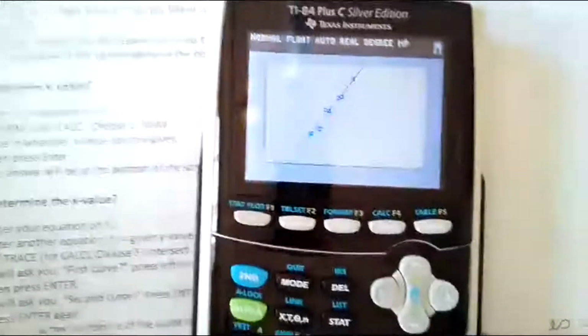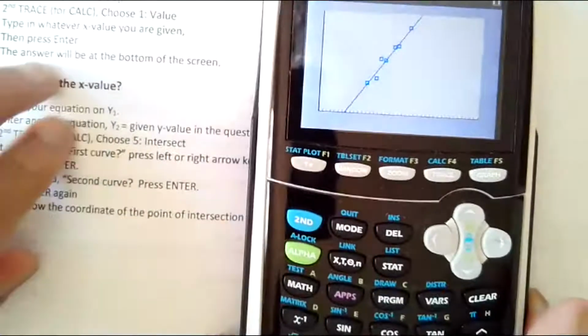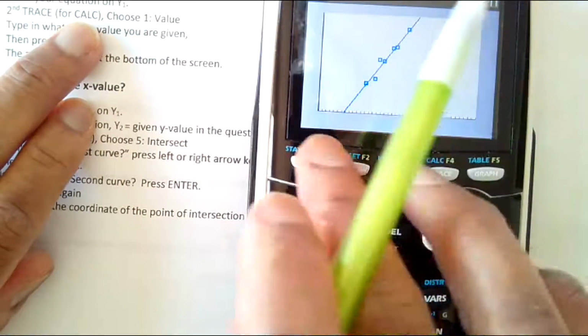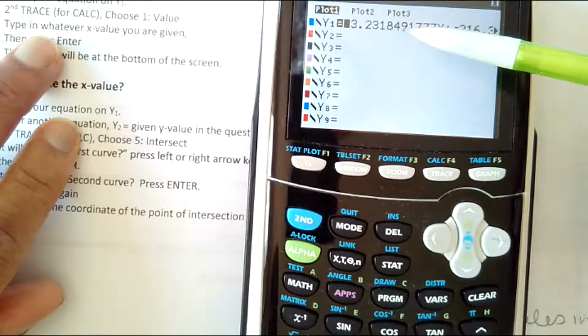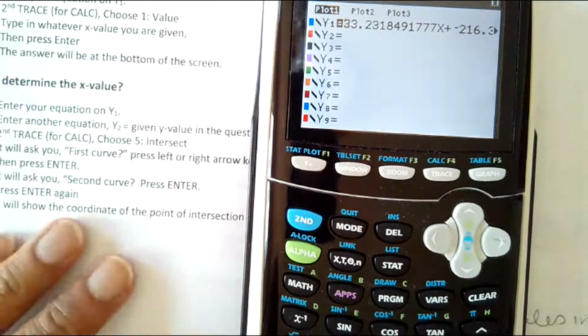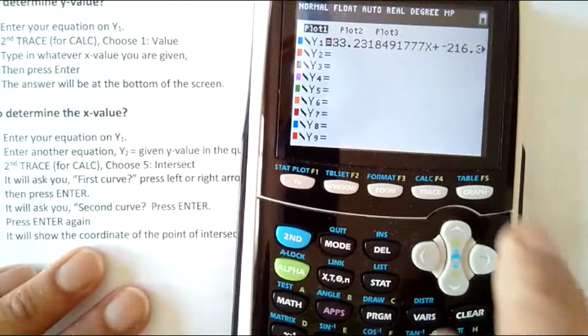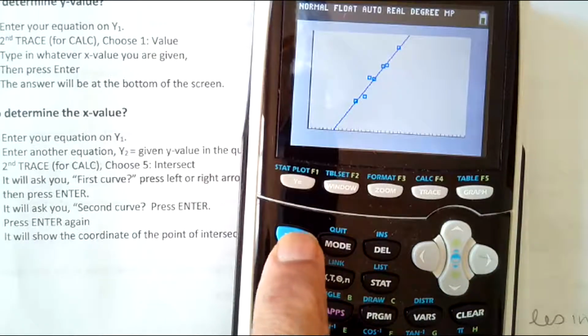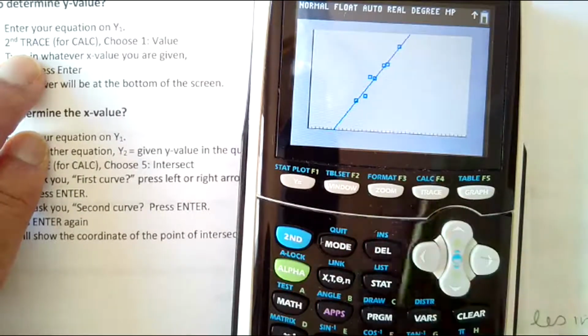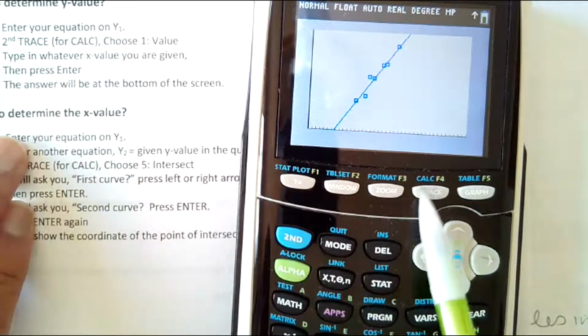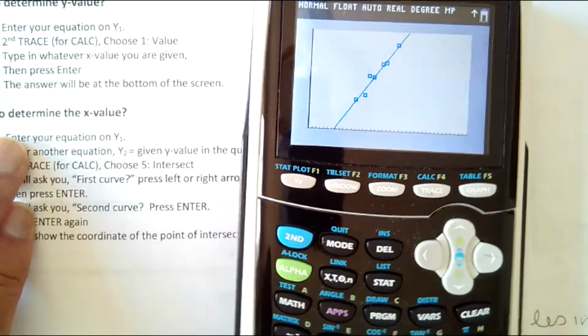I'll follow a set of instructions here. We already entered our equation there. Next, to get our y value, I press my second button and the trace button.